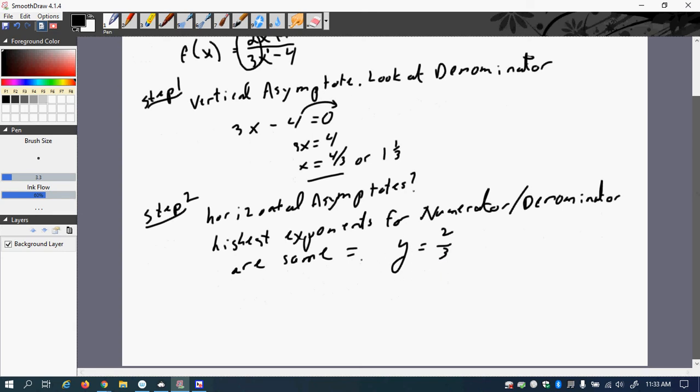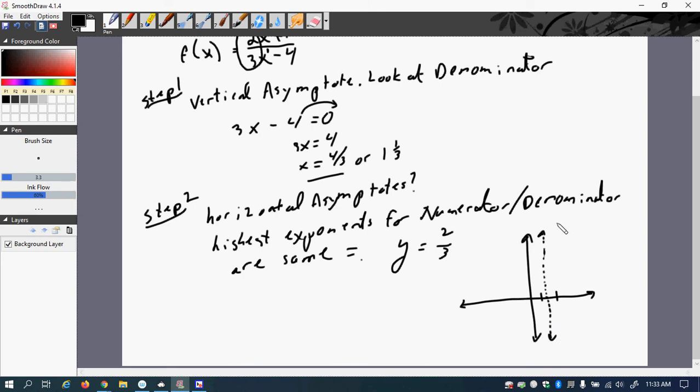So now I could go and graph this. So I'm going to go ahead and set the graph up. And it's always smart to graph the horizontal and vertical asymptotes first. So the x is equal to 4/3. So there's 1, here's 2, so it's just slightly past 1. So I'm going to have a vertical asymptote going up and down.